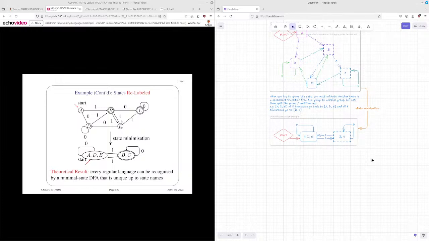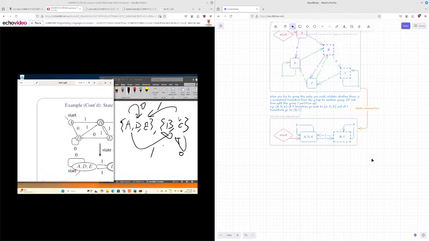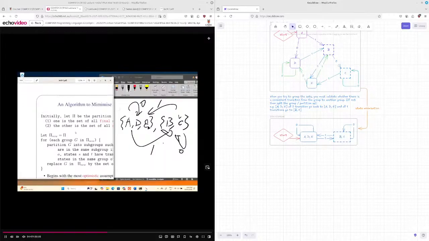Now, just to give you another example, just to fully understand this algorithm, as I said, you can read this algorithm yourself.